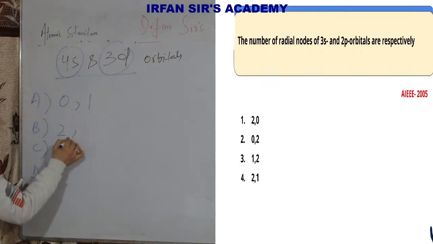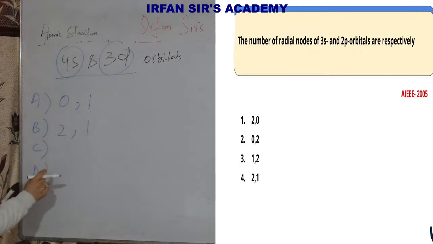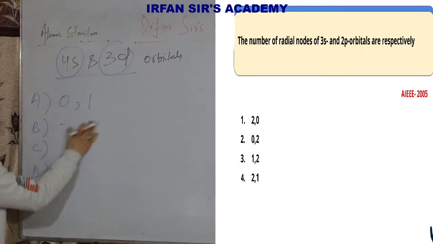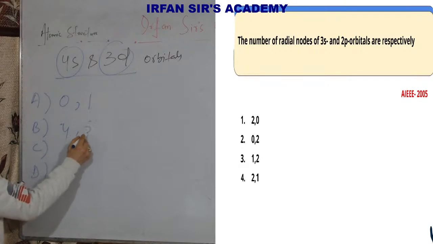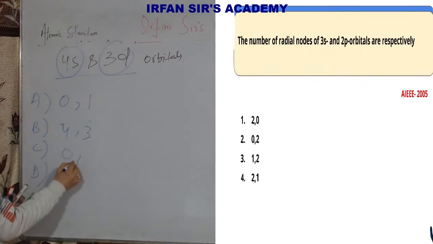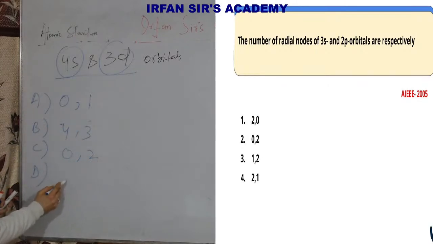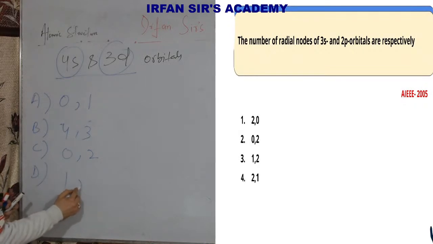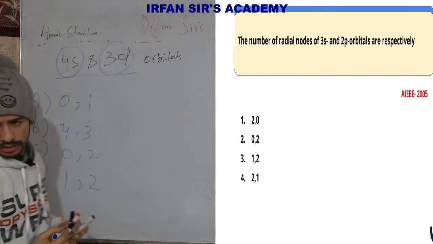One is 3, 0. One is 0, 2. One is 1, 2. What is the option?